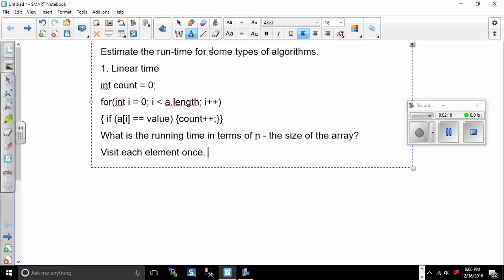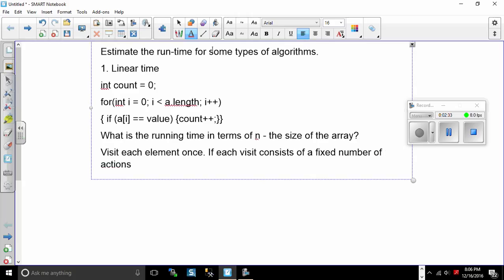If each visit consists of a fixed number of actions, then a loop with n items has big O of n running time. And that's the case here. Each visit consists of incrementing a counter, so that's a fixed number of actions.